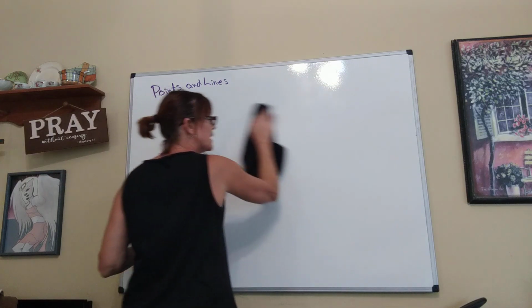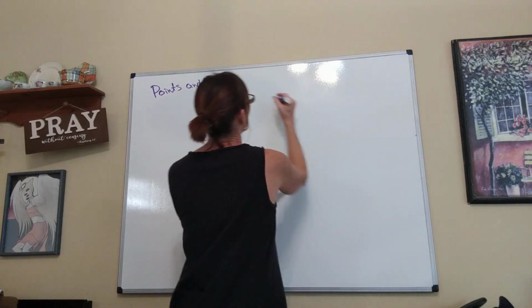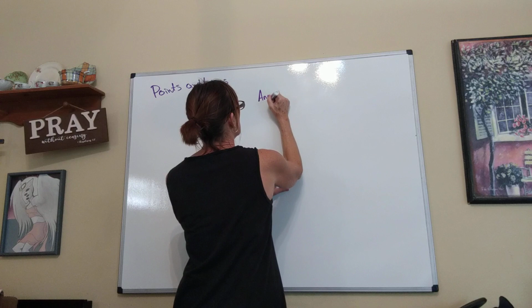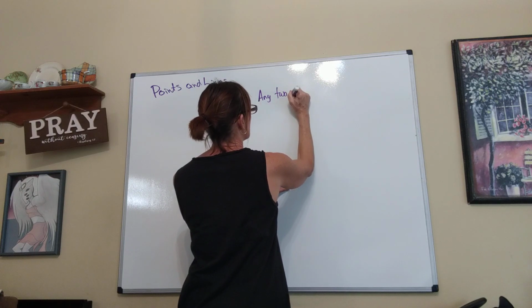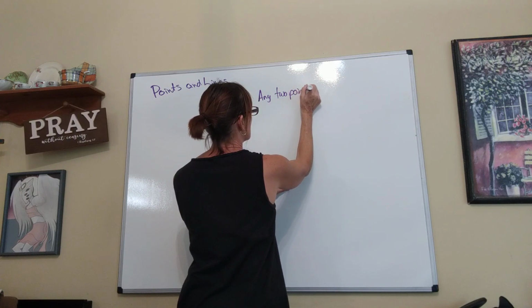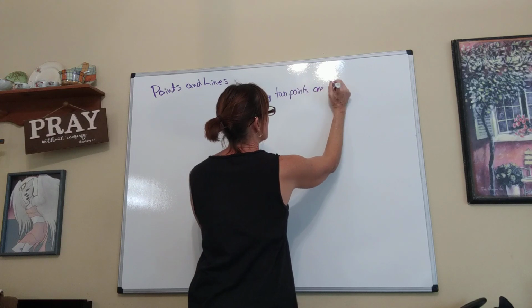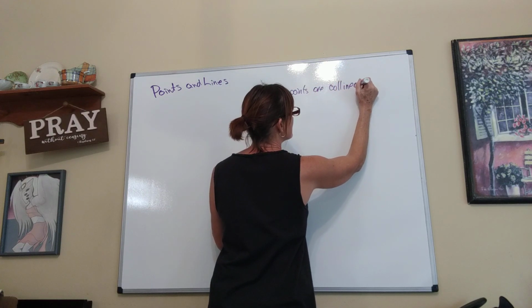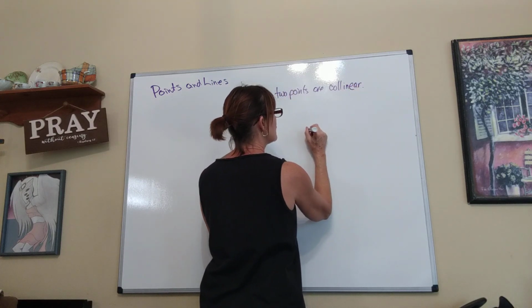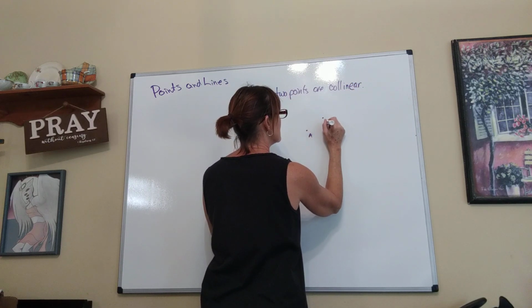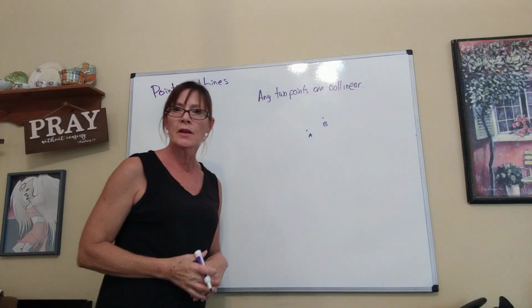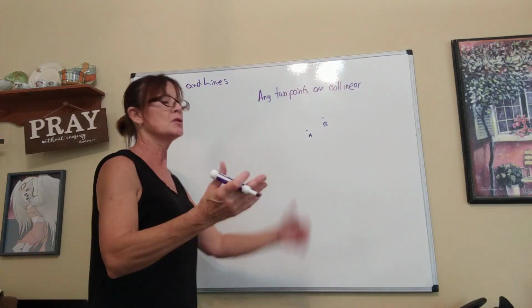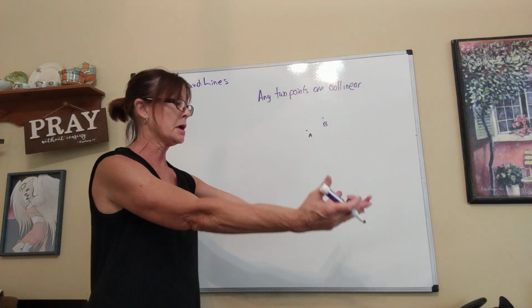It turns out that any 2 points are collinear, and I think this makes a whole lot of sense, because if you draw 2 points, you can draw a line through them, and then they're collinear. So any 2 points are going to line up in a line.